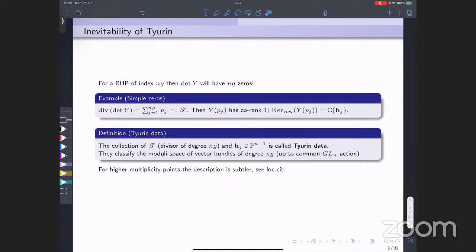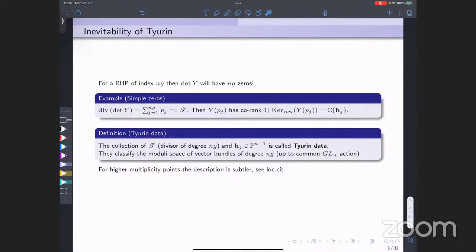Okay, so since we decided that we go after problems of index ng, it means that if you take the determinant of your matrix solution of Riemann-Hilbert, it's a piecewise defined function outside of the contour, which has ng zeros, a total degree; let's call this divisor the Turin divisor, okay? Let's simplify things and imagine that those are simple zeros. So there are n times g simple zeros of your determinant floating around.